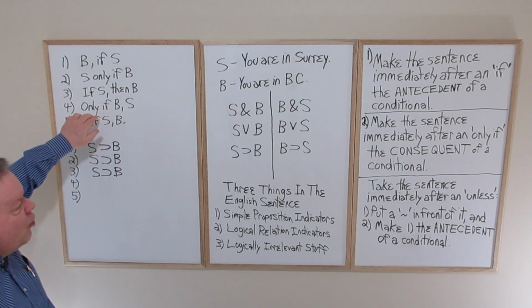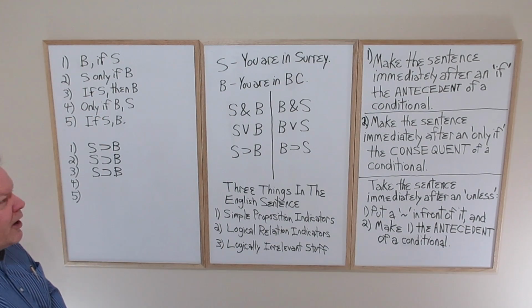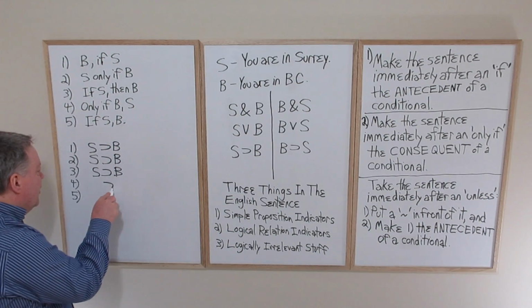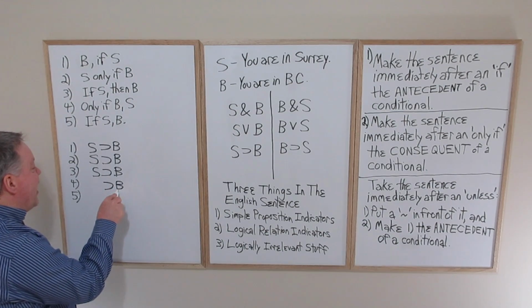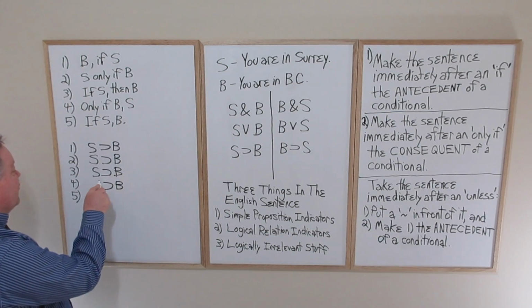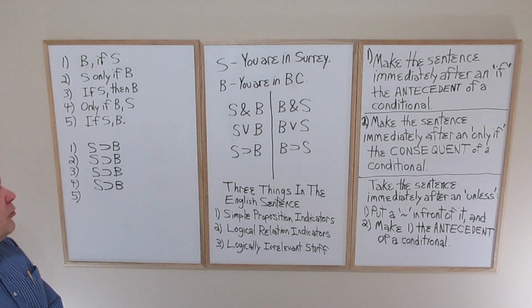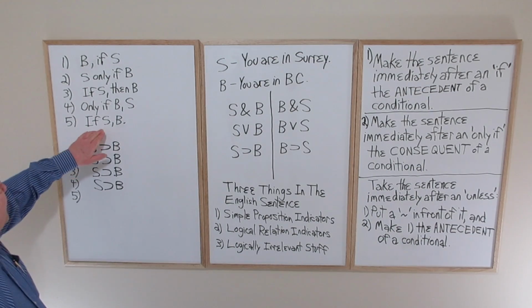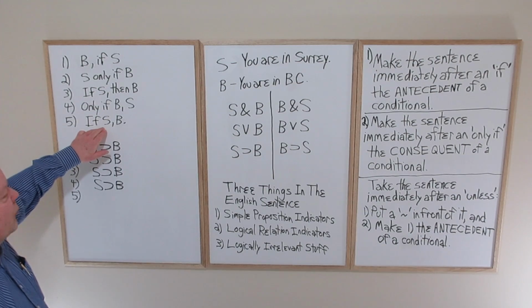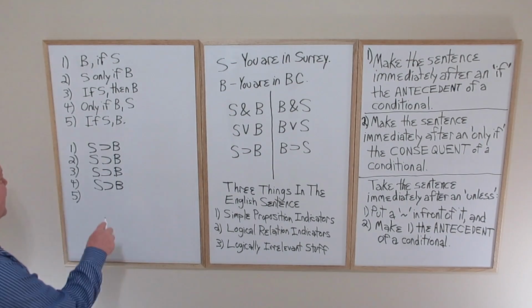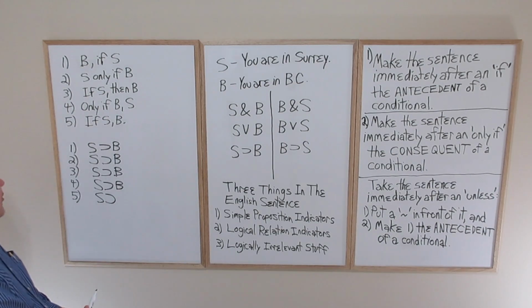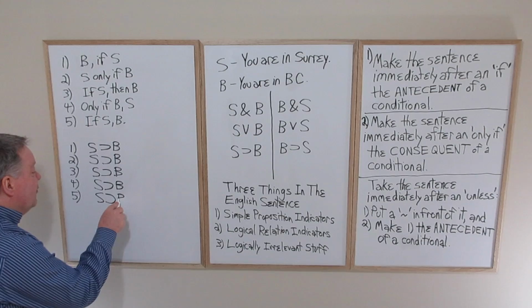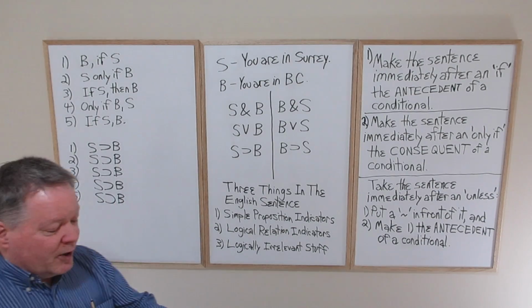This time we've got an only if, so it's the second principle that applies. And since it's an only if, the sentence that comes immediately after the only if is the consequent of a conditional. The other part becomes the antecedent. Finally, if you're in Surrey, you're in British Columbia. Again, we've got an if, so what comes immediately after the if is the antecedent. The other part is the consequent.